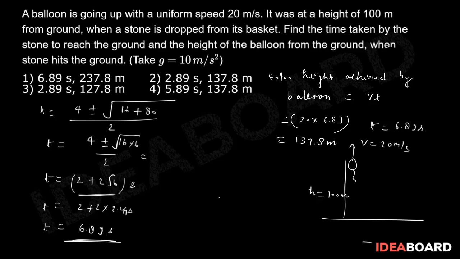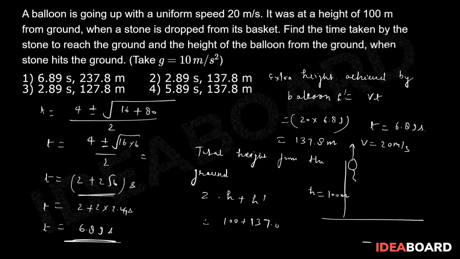Now once we achieve this value, the total height from the ground has to be the original height plus this extra height, let's say h dash. So h dash is 100 plus 137.8 meter, which would be 237.8 meters approximately. This is the total height from the ground.